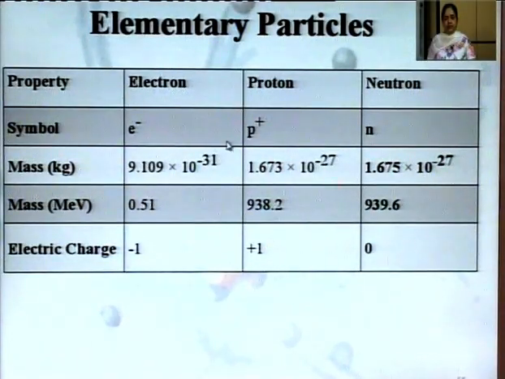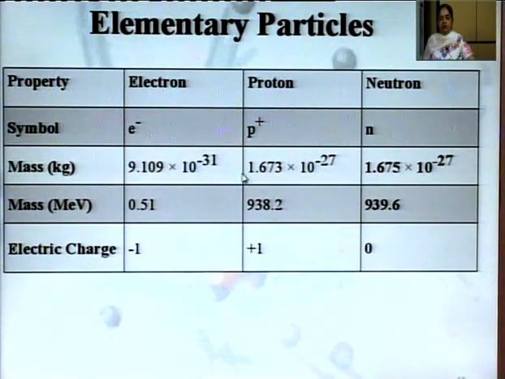Elementary particles. The symbol of electron is e, proton is p, and the symbol of neutron is n. Mass of electron: 9.109 × 10^-31 kg.